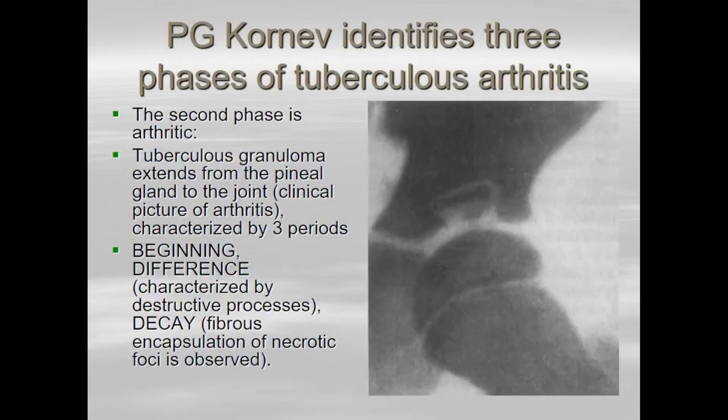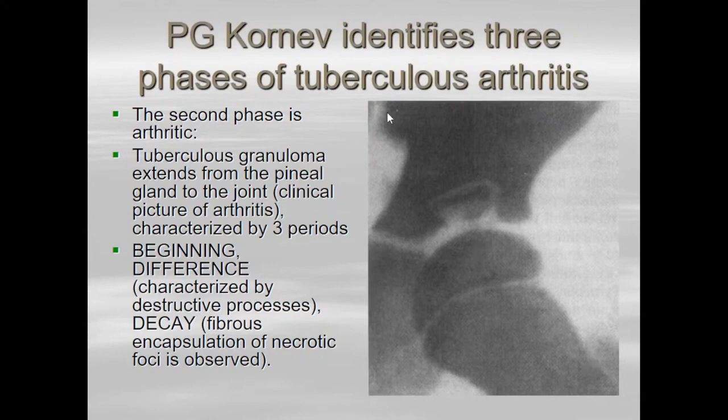The second phase is arthritic. The tuberculous granuloma extends from the epiphysis to the joint. The clinical picture of arthritis is characterized by three periods: beginning, height, characterized by a destructive process and decay, and fibrous encapsulation of necrotic cavities is observed.